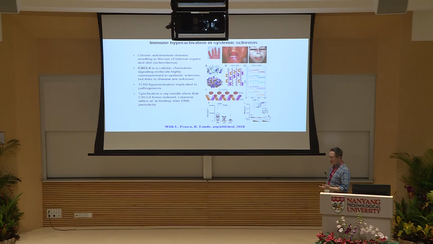So we worked together with an immunology group at the University of Rome. They're interested in a disease called scleroderma, or systemic sclerosis. This is the disease that Paul Klee died of, if you are a fan of modern art. In this case, it's known that there is a cationic chemokine, CXCL4. This is a mixed alpha helix beta sheet molecule, and it's known as a signaling molecule.